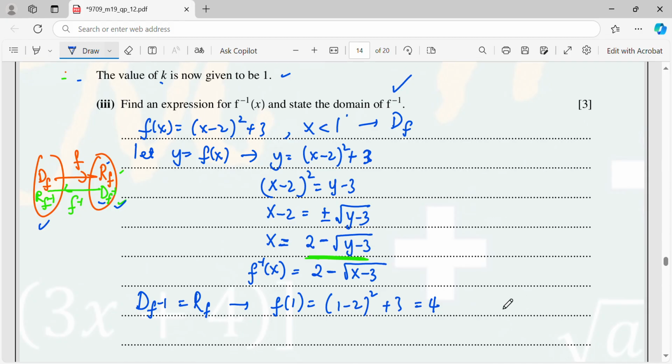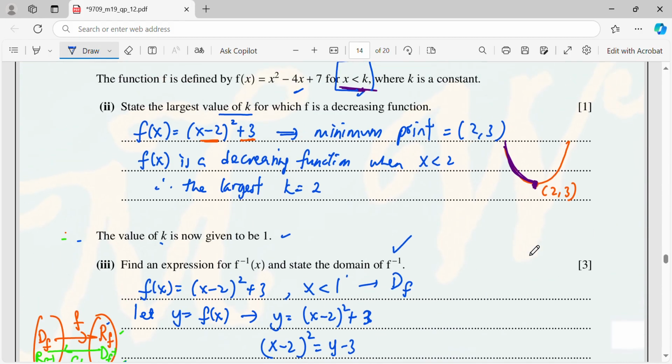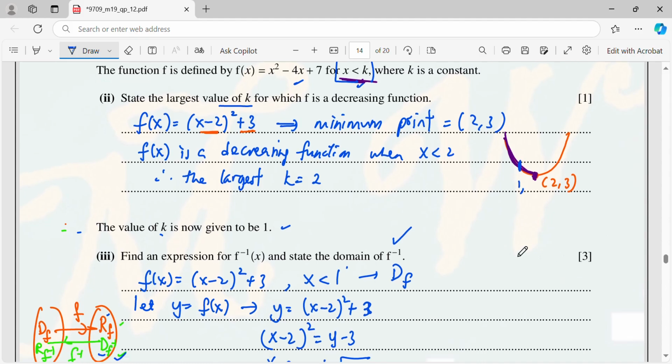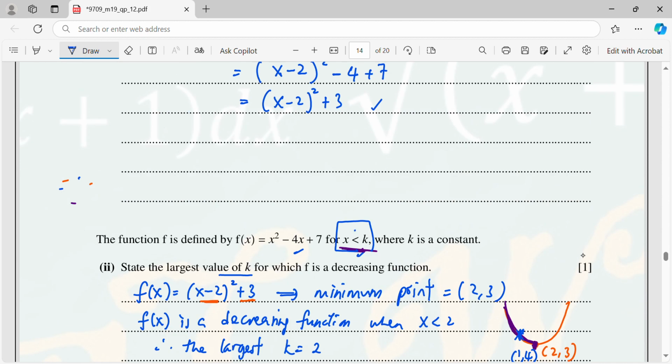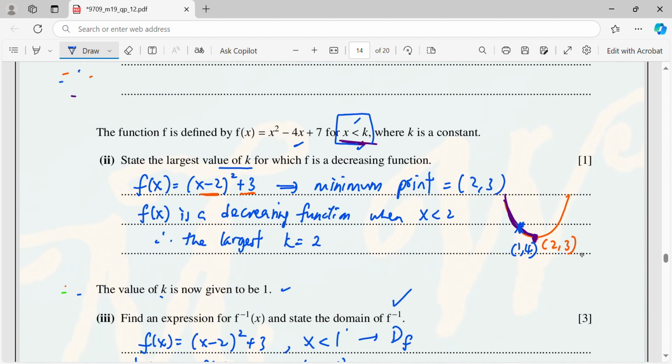Right? Now look at the graph. Here is 1 for x. And I found that when x is 1, my y is 4. That means this point has coordinates (1, 4). So when x is less than 1, that means now my value will be this part, right?